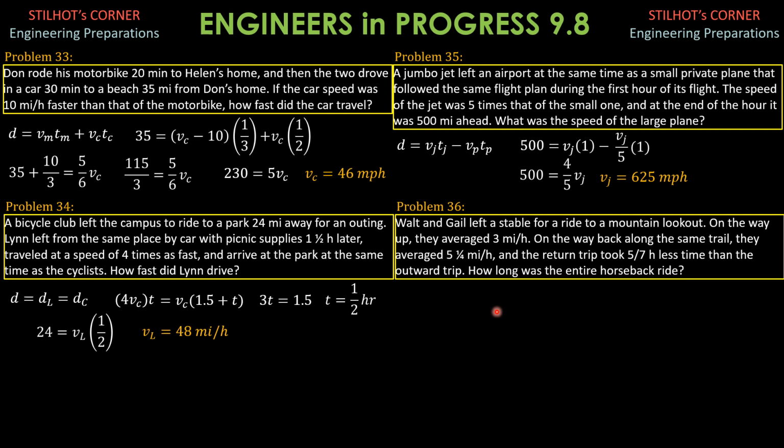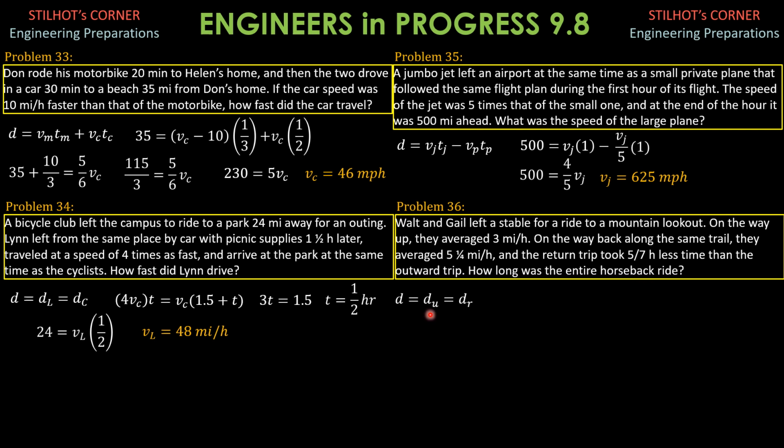After we compute the time going outward, we compute the distance, 3 times the time going outward, then multiply it by 2, or double it, because the question is how long was the entire horseback ride.